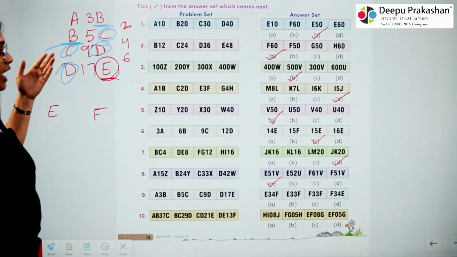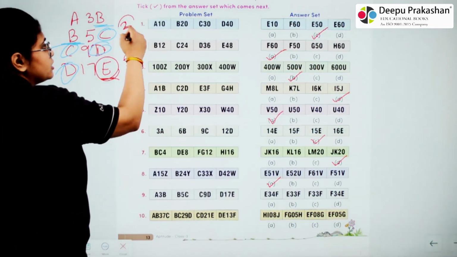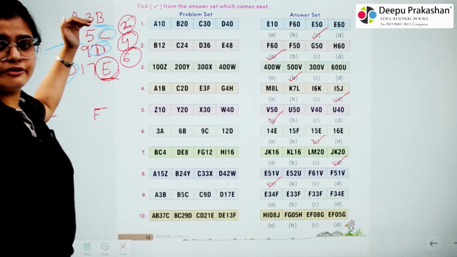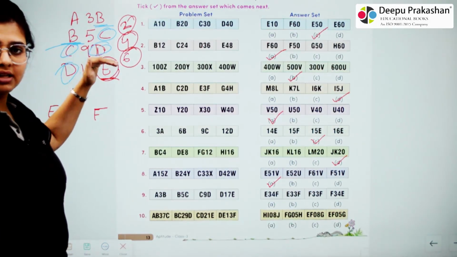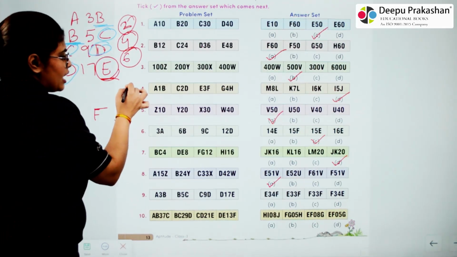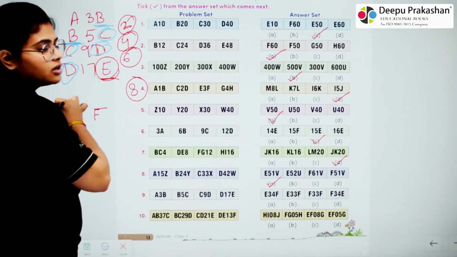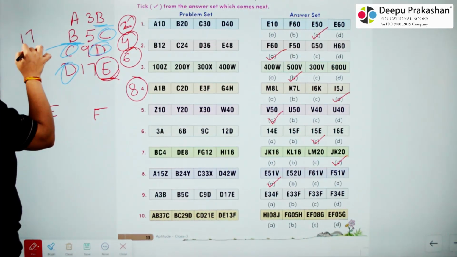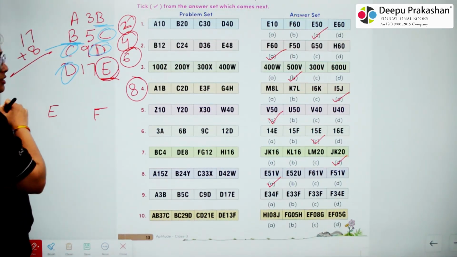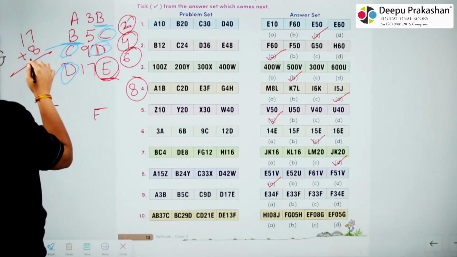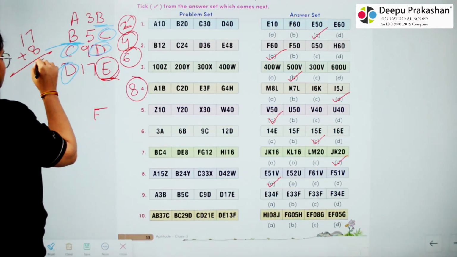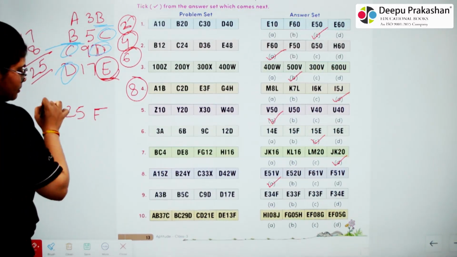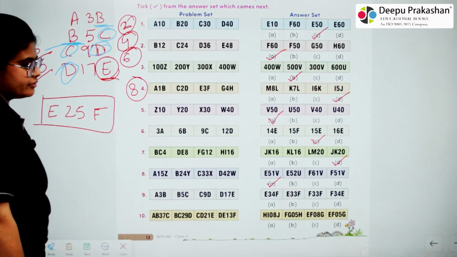That means the differences are even numbers: firstly 2, then 4, then 6. Now, after 6, we should have a difference of 8. So if we add 17 and 8, we get 25. So our answer for this part will be E25F.